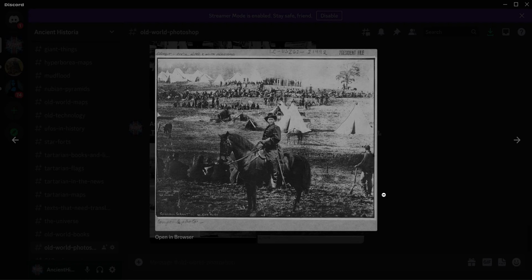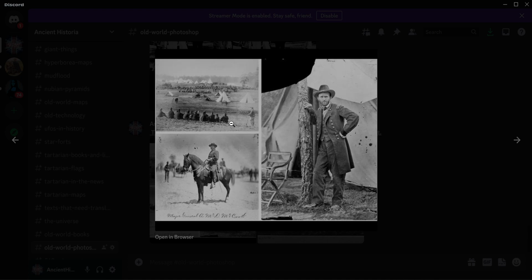I thought this image might be a teeny bit clearer, but I'm not sure. It might be a bit smaller, but you can see right there, this is him, supposedly at this battle. But in fact, it was made up of these 3 individual images. But yeah, you can see as well here, something has been edited out of this image.